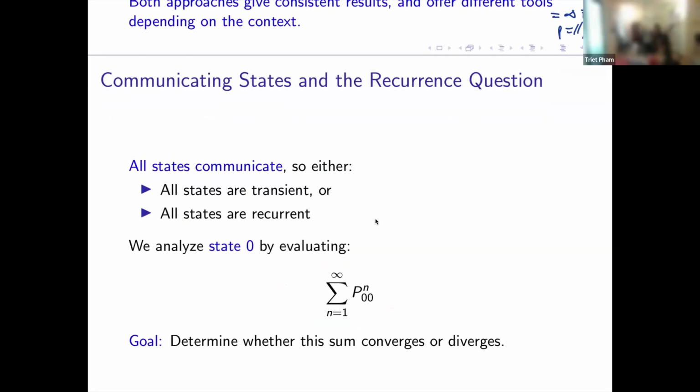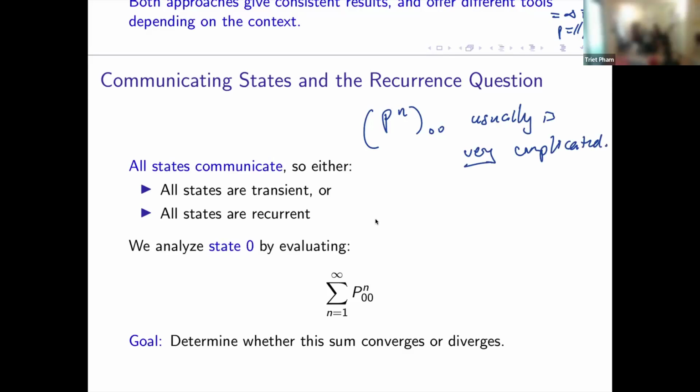So, to recap, this is where we were, and we want to compute this, or show whether it is finite or infinite for the random walk. Note that P to the n is usually very complicated. Why?